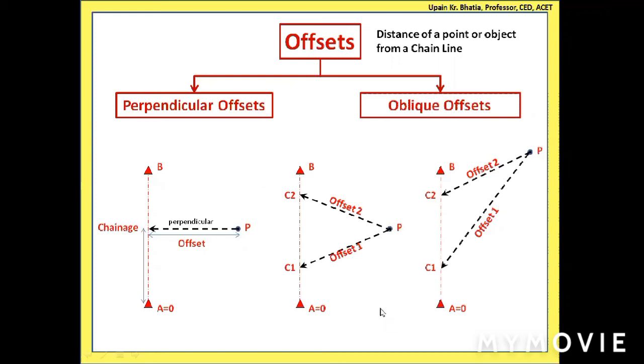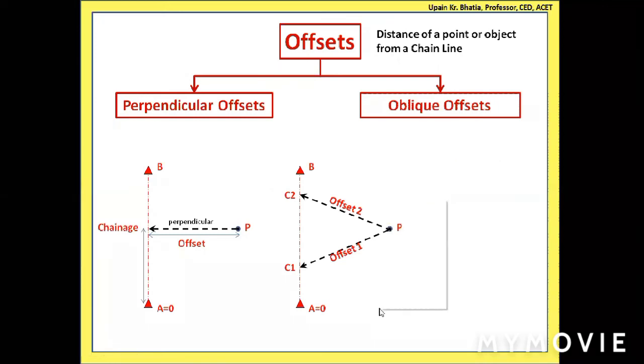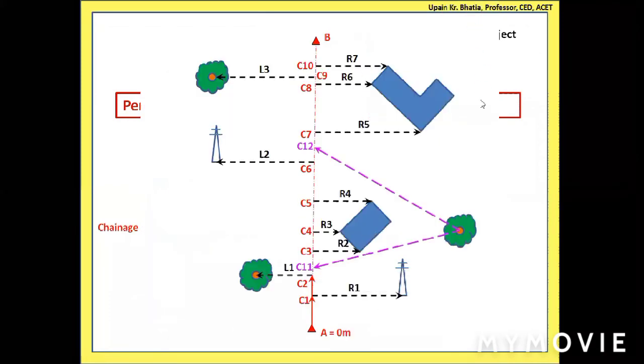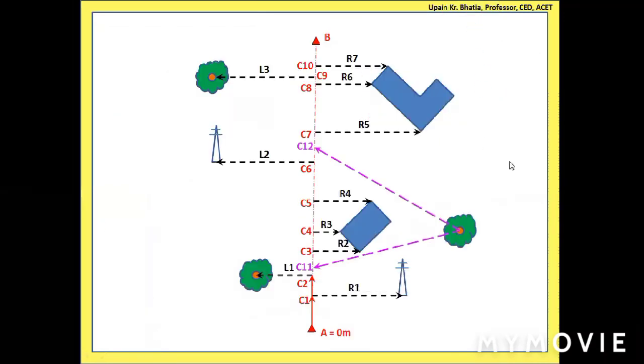Like in the previous lecture, we have discussed this. Let me go back now. In this slide, there are many points. If I take this point, I have told you how to measure this offset and the chain edge.